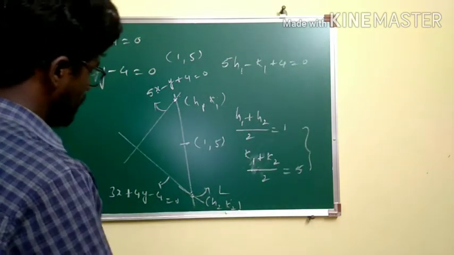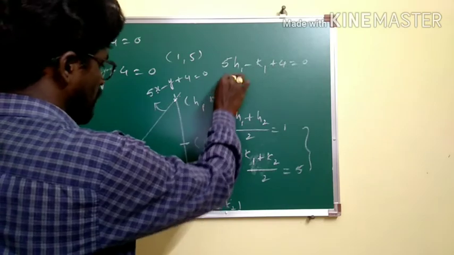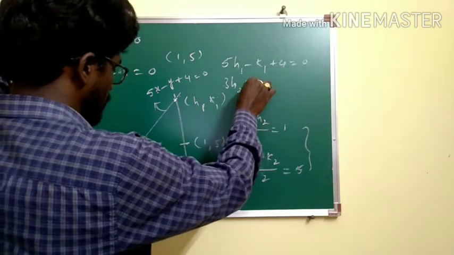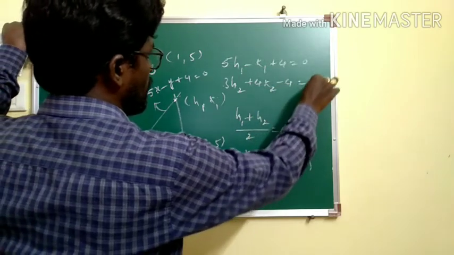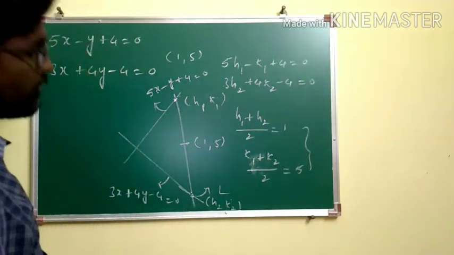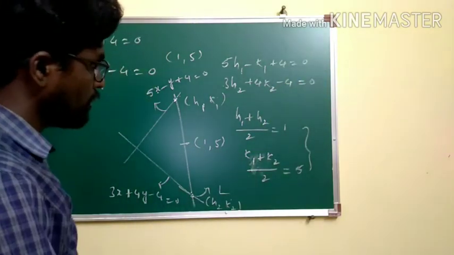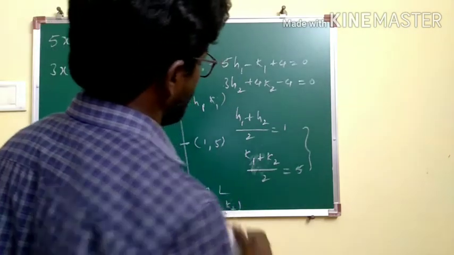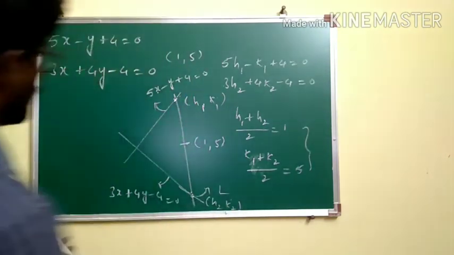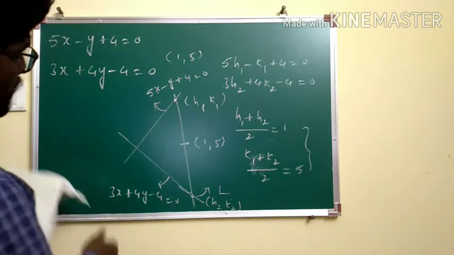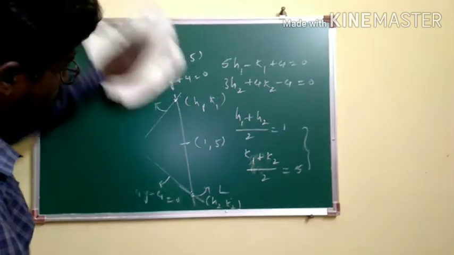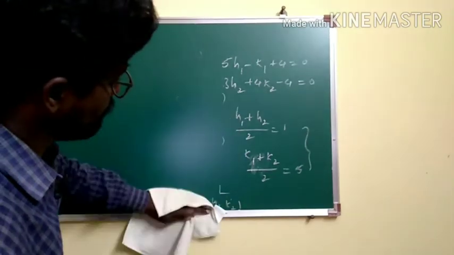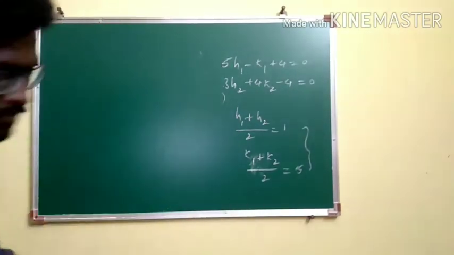And what about this line? 3h2 plus 4k2 minus 4 is equal to 0. Now I am just going to erase this little part here because I have to solve all these equations.